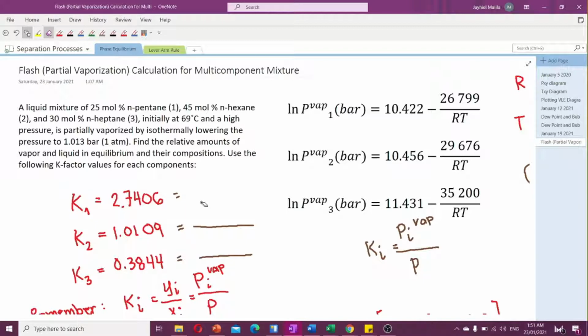Okay, I think there's a mistake in the value of K1. Let's try to recompute the rest.